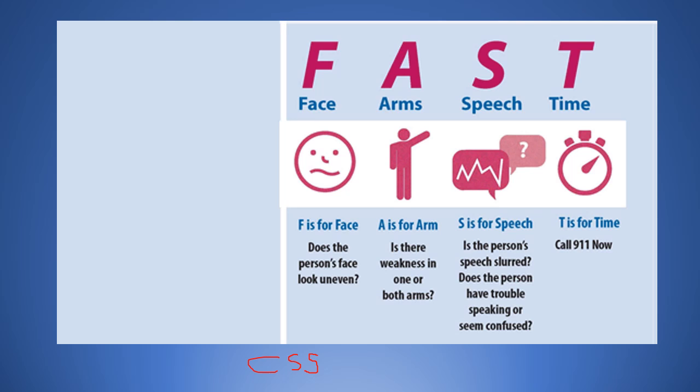If you get one drifting down, that would be positive, or if they can't hold it up at all, that would be positive. S is speech. Is it slurred? Are they having trouble, or do they seem confused? T is time. So that's the FAST exam, but we've actually added a couple pieces.